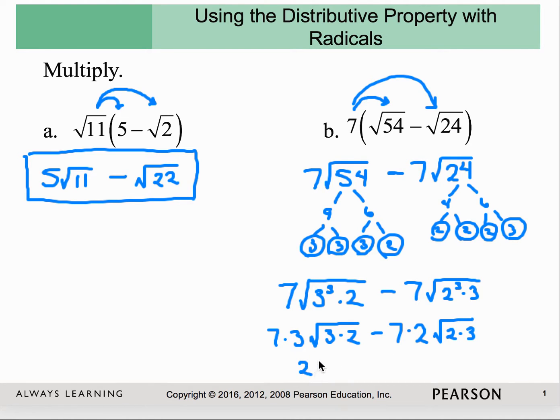So I've got 21 square roots of 6 minus 14 square roots of 6. Hey, if those radicals wind up being identical, we can combine them. 21 of them minus 14 of them is 7 square roots of 6.